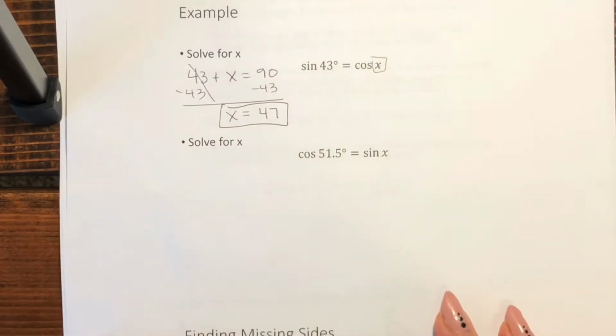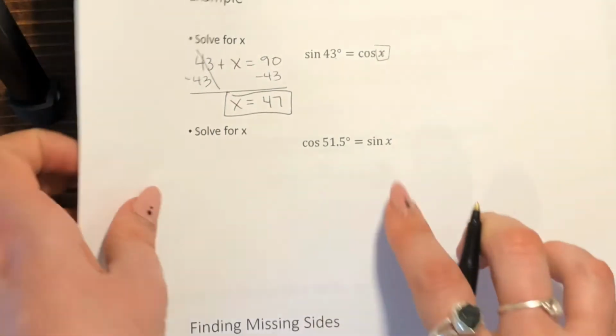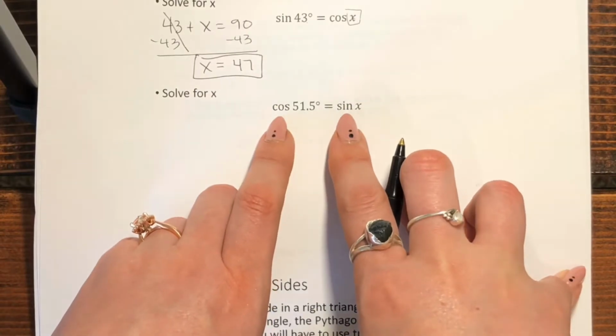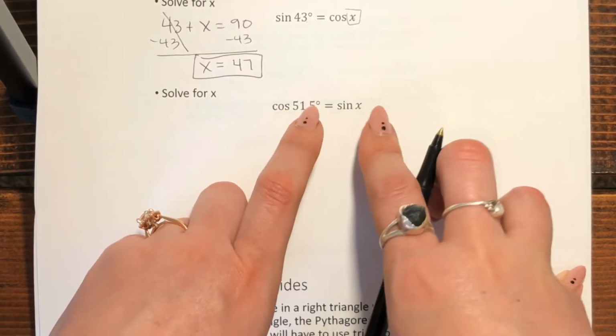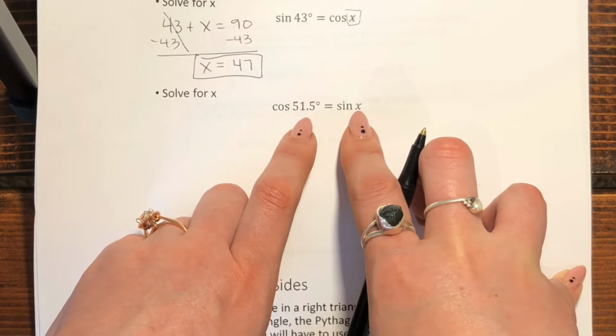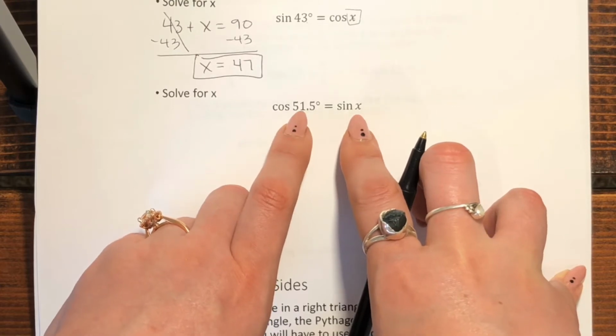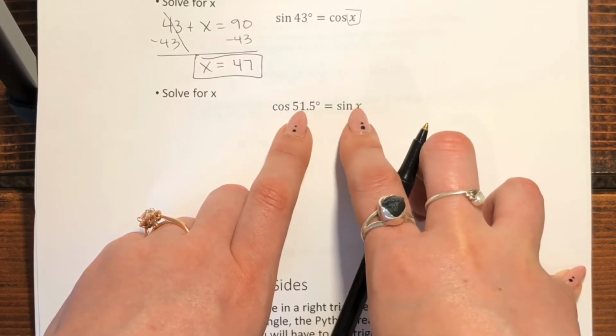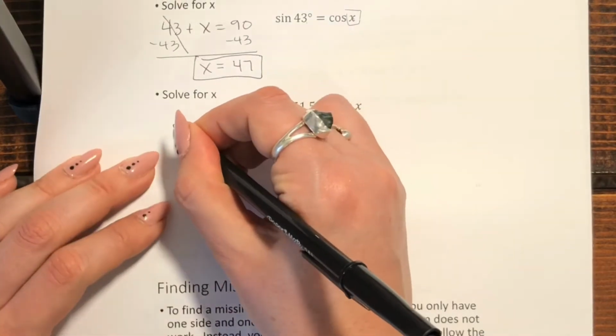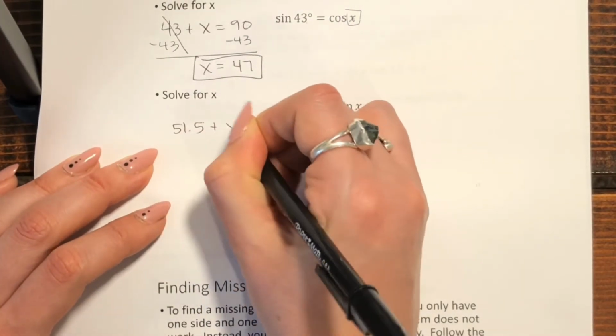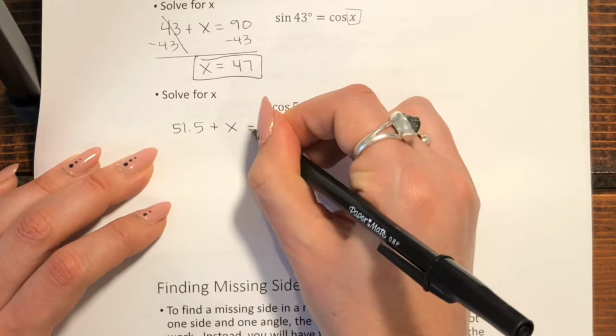And then let's try again. So we see we have a cosine equal to a sine. We know cosine will equal sine when their angles are complements of each other. So 51.5 plus whatever x is has to equal 90.